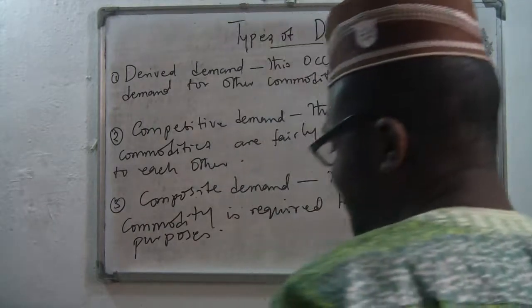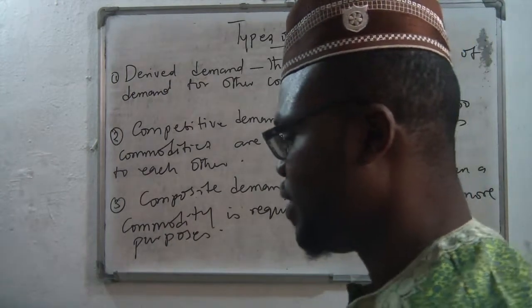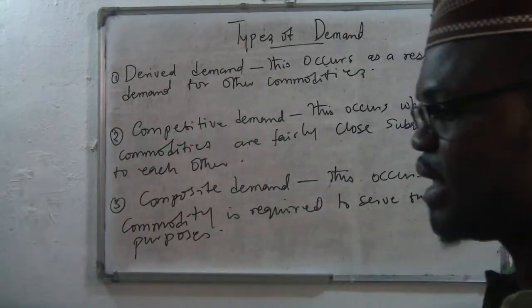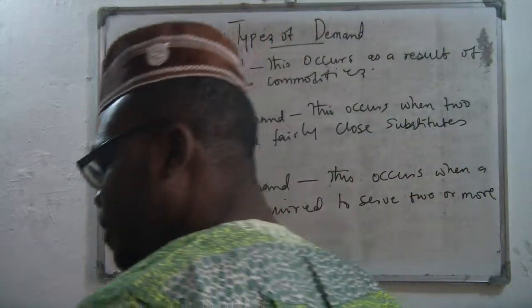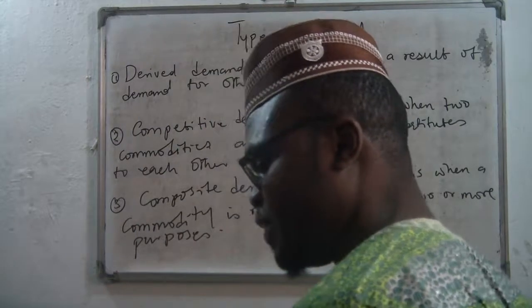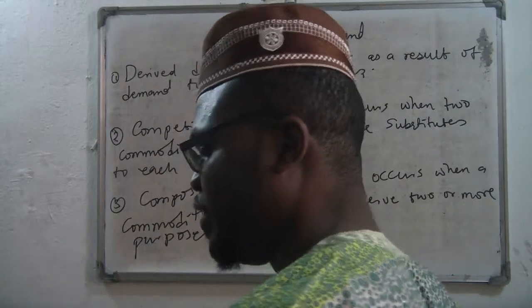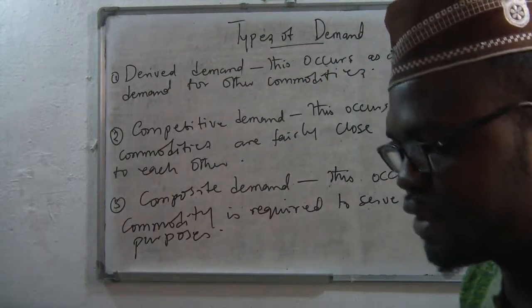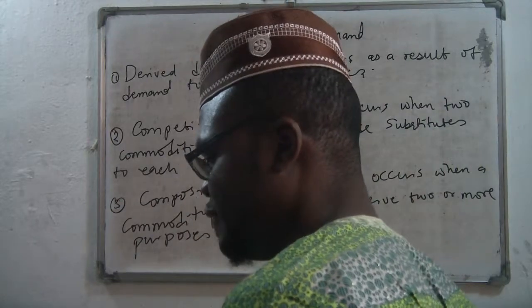Yes, welcome. In economics, you're always going to be asked questions on types of demand. What kind of demand does your shirt have? What kind of demand does your shoe have?